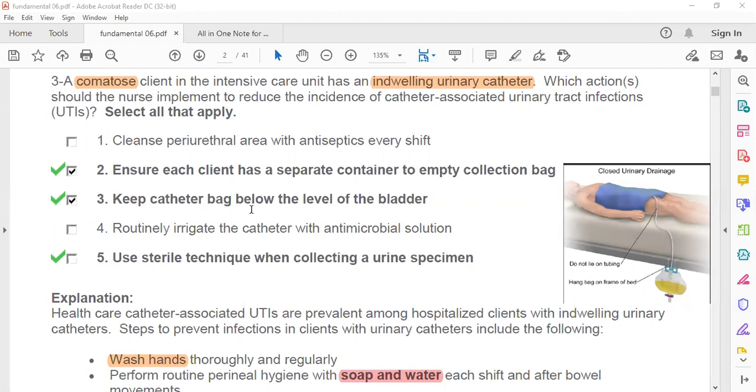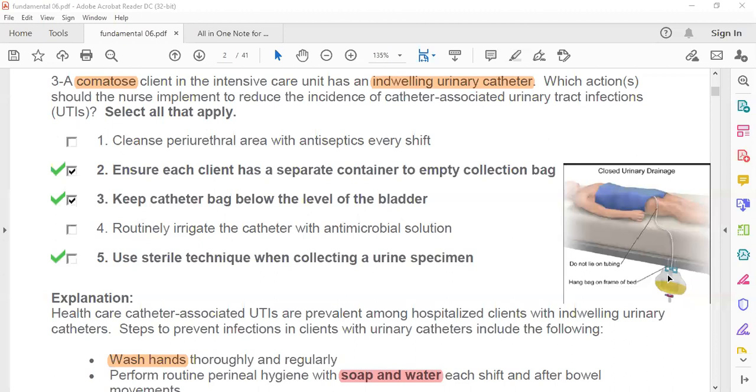Keep the catheter bag below the level of the bladder. So you see in this picture, the patient has the urinary catheter. This is the urinary bladder and the bag is there. So the bag must be below the level of the urinary bladder, right?